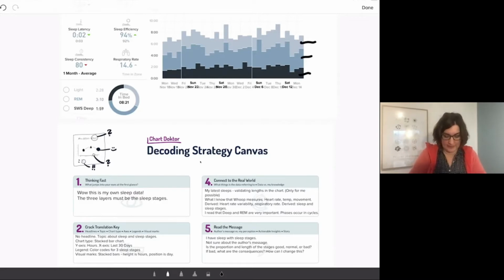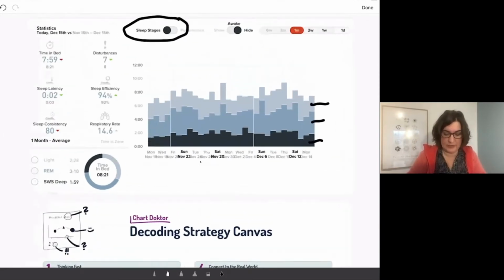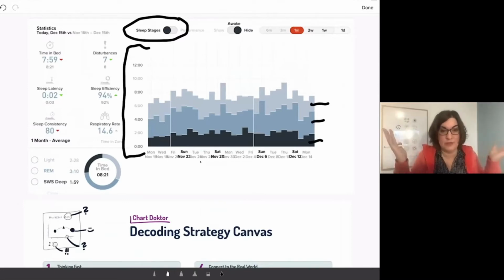Okay. What's the y-axis about? There's no label here, but I guess it looks like hours based on the numbers. So I have to derive that these are hours, and I also have to derive that this might be the length of my sleeps.